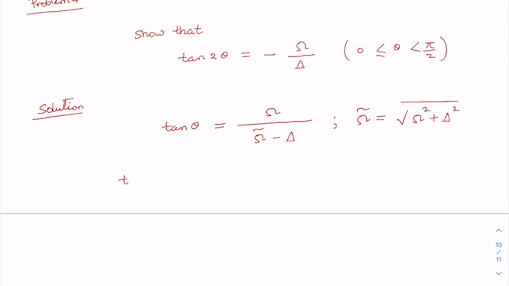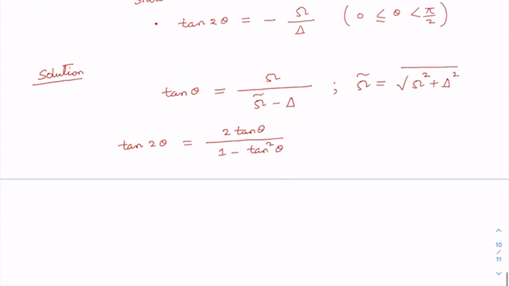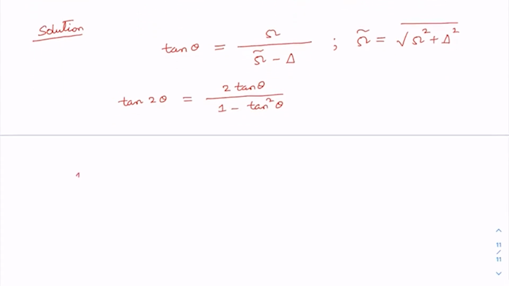Then I asked you to use this trigonometric relation to prove this relation here: tan 2 theta is equal to 2 tan theta divided by 1 minus tan squared theta. Let me first work out what 1 minus tan squared theta is. 1 minus tan squared theta is equal to 1 minus tan theta, which is omega divided by omega tilde minus delta, whole squared.